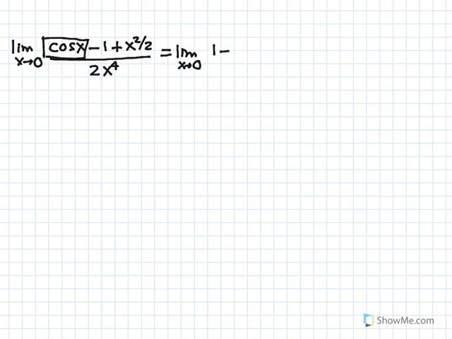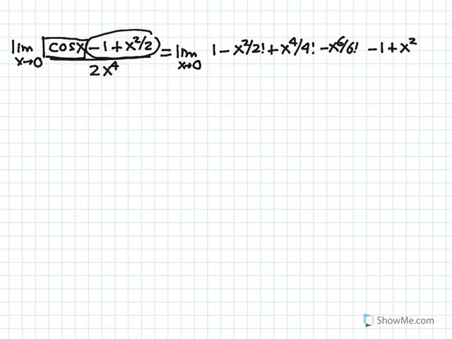So we get 1 minus x squared divided by 2 factorial plus x to the power of 4 divided by 4 factorial minus x to the power of 6 divided by 6 factorial. And then we just copy these terms, negative 1 plus x squared divided by 2, all divided by 2 times x to the power of 4.